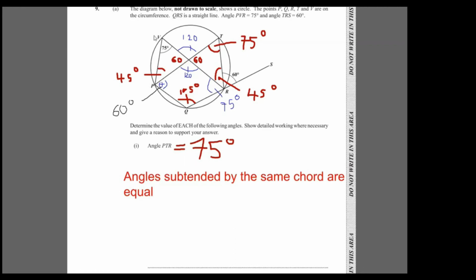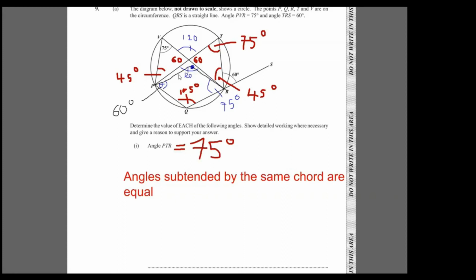That's not the center, because these chords are not diameters. So wherever the center is, let's say the center is right here. They want angle POR. Let's say this is the center.